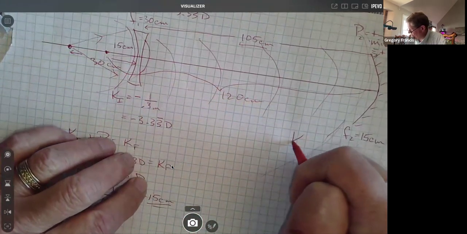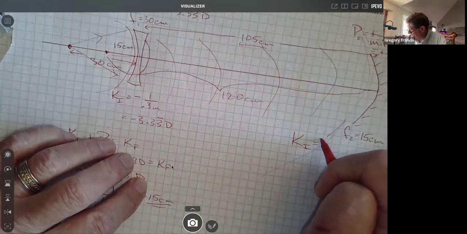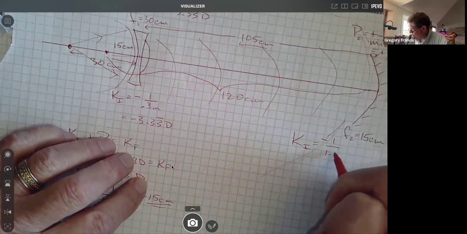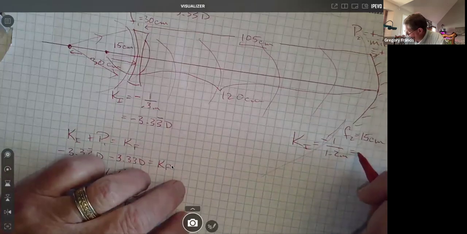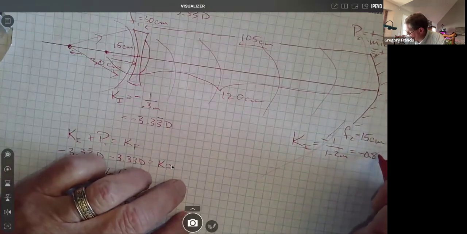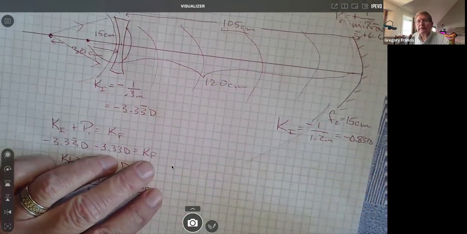So the K initial, when it reaches the mirror, is going to be a negative 1 over 1.2 meters. And that's going to give me negative 0.833 diopters.